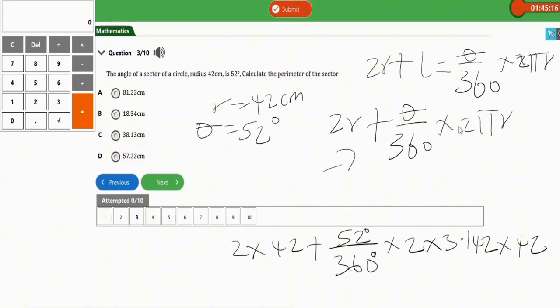Let's simplify the length of arc first. The length of arc is 52 times 2 times 3.142 times 42. So let's take the output and divide it by 360.